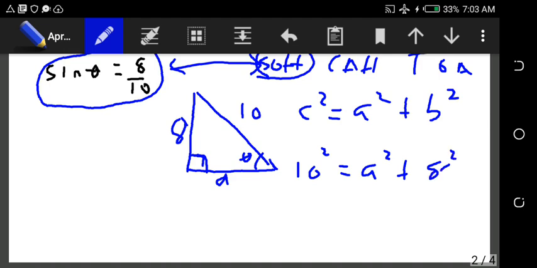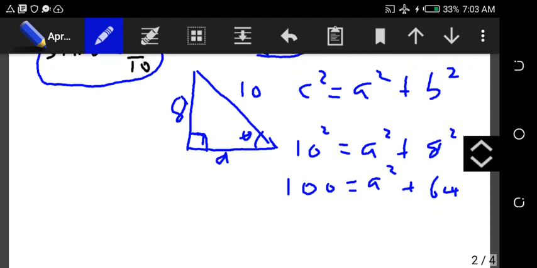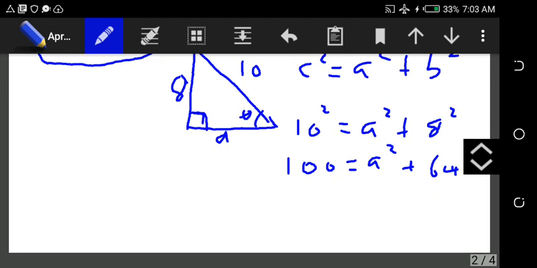So 10 squared is 100, and 100 is equal to a squared plus 8 squared, which is 64.